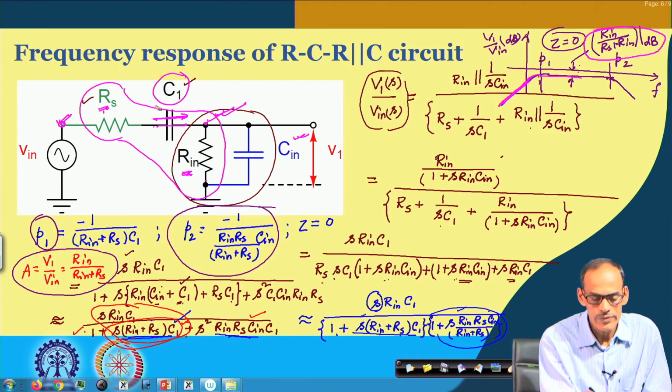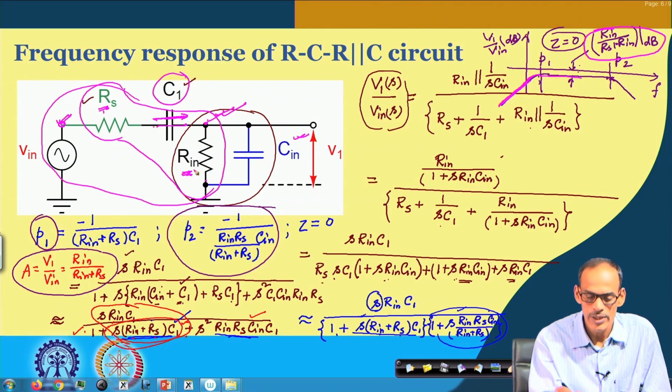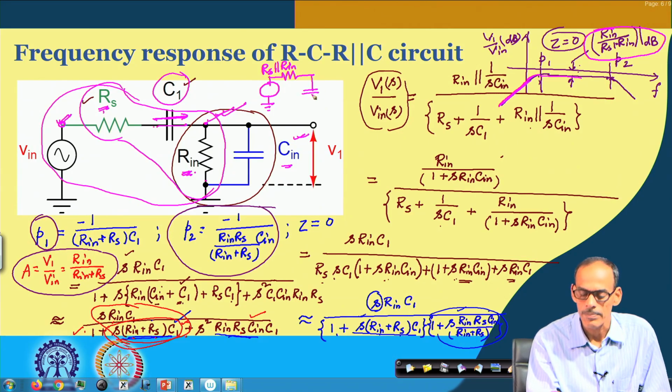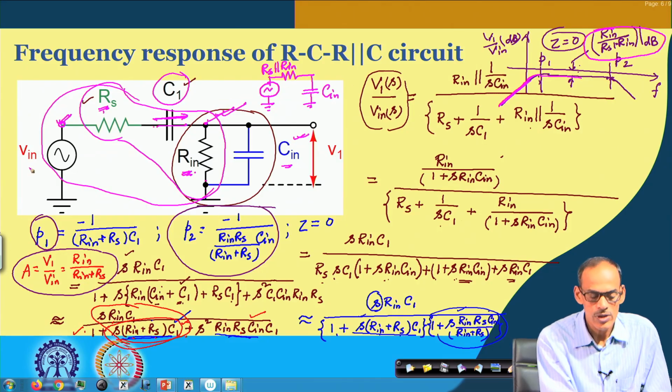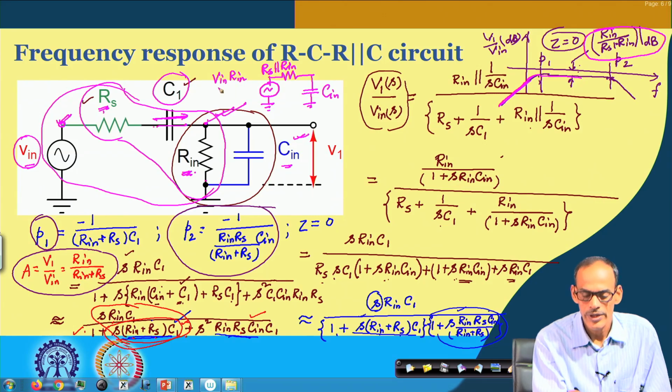Now, once we have this circuit, the entire portion works as a Thevenin equivalent signal source, and its Thevenin equivalent resistance is R s in parallel with R in, right. And then we have the C in connected here. And this signal is not just V in, it is an attenuated version of V in. So, I should say this is V in multiplied by R in divided by R in plus R s.